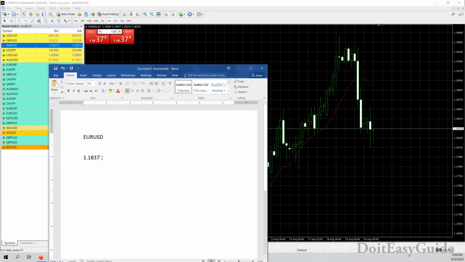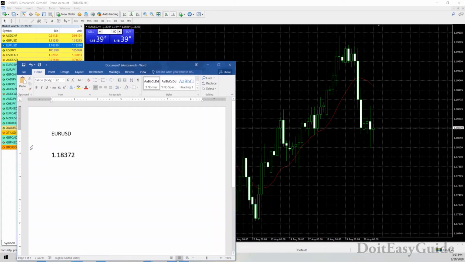Then we have the fifth value, it's currently 2, like this. So this is the value showing here, and you can see when the price is going up, this value is going up, and again it's going down.